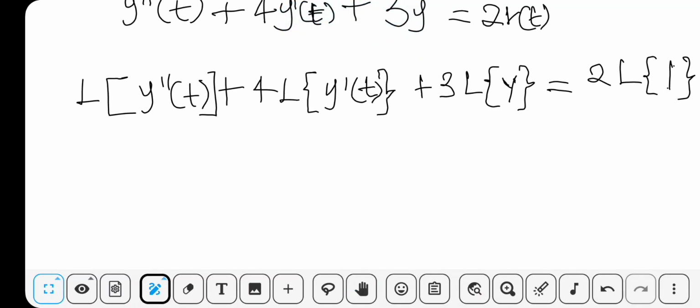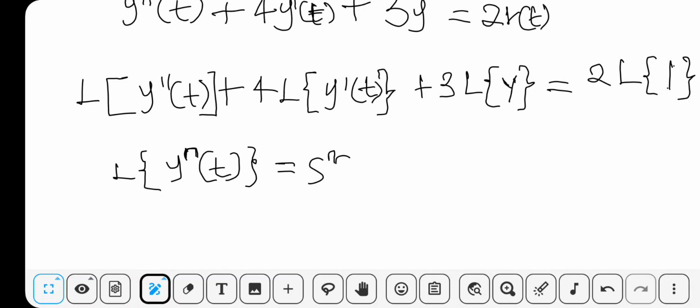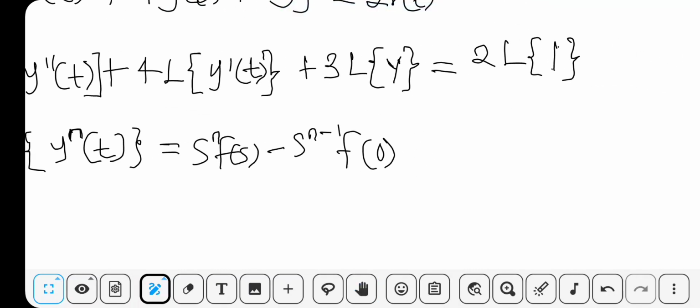Now the Laplace transform of a derivative, let's say y to the n of t, is equal to s to the n F of s, minus s to the n minus 1 F of 0, minus s to the n minus 2 F prime of 0.